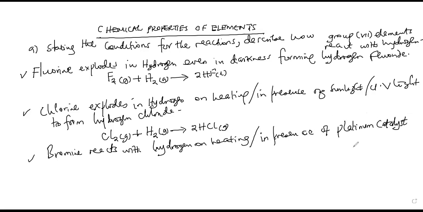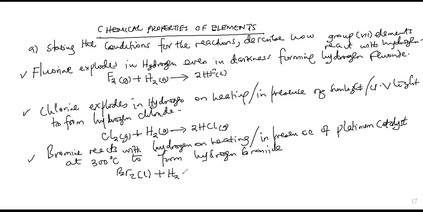That platinum catalyst acts at 300 degrees Celsius and you form hydrogen bromide. So you'll have bromine. Bromine is a liquid. It reacts with hydrogen, which is a gas, to form hydrogen bromide.